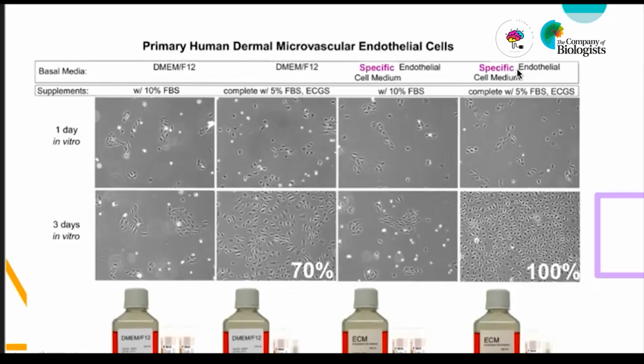In addition, in the specific medium, we observed cell growth reaching 100% confluence compared to 70% with DMEM F12. This experiment highlights the importance of selecting a suitable medium and supplement mix, especially for primary culture, to achieve optimal results, of course.